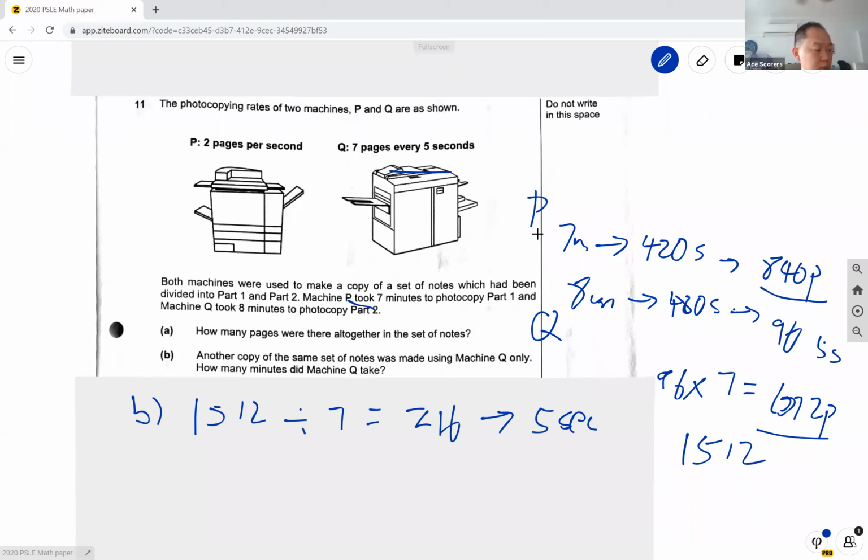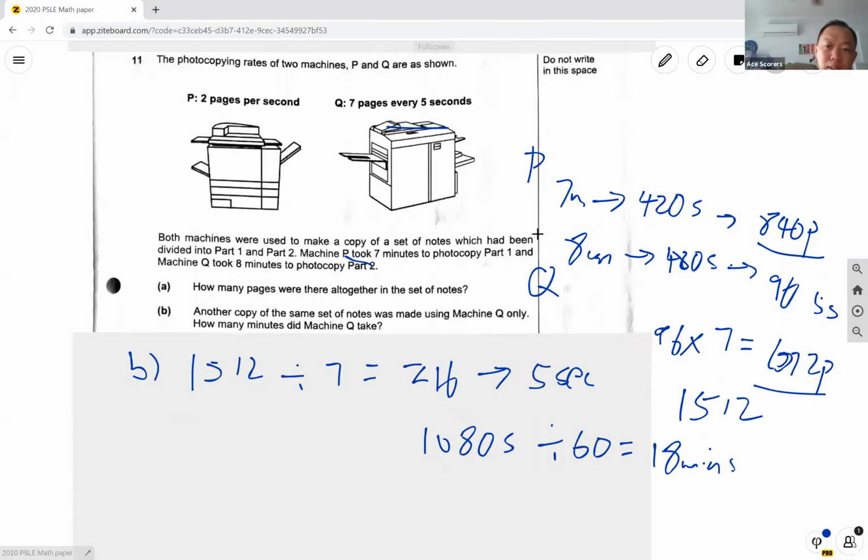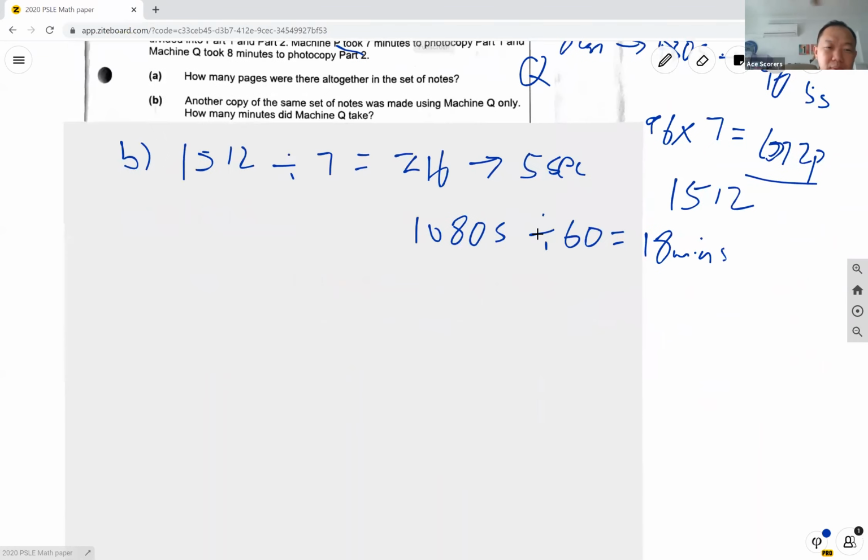So times 5, it's 1080 seconds. How many minutes? I need to divide it by 60. 18 minutes. Okay, so that's question 11. Yeah, that's right. So far really okay. Next one. Okay, this one looks tough.